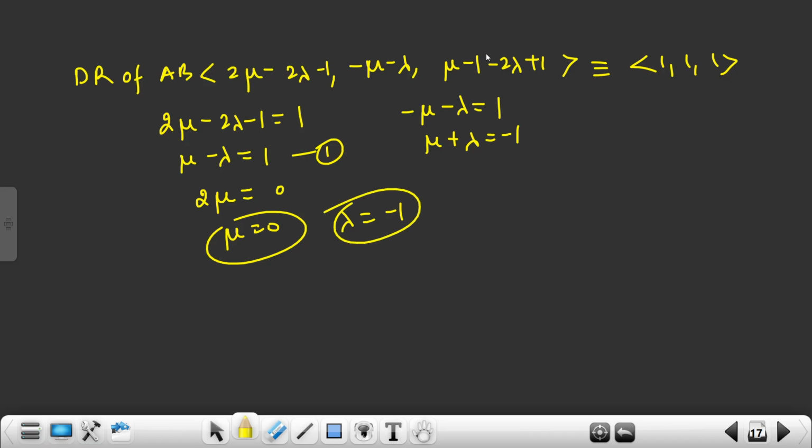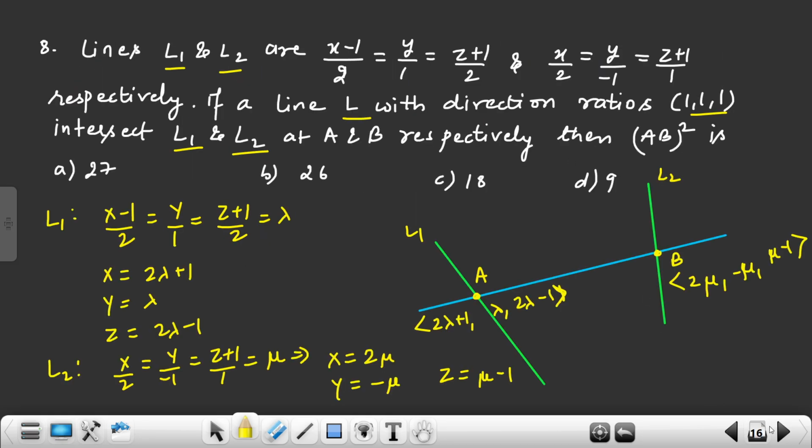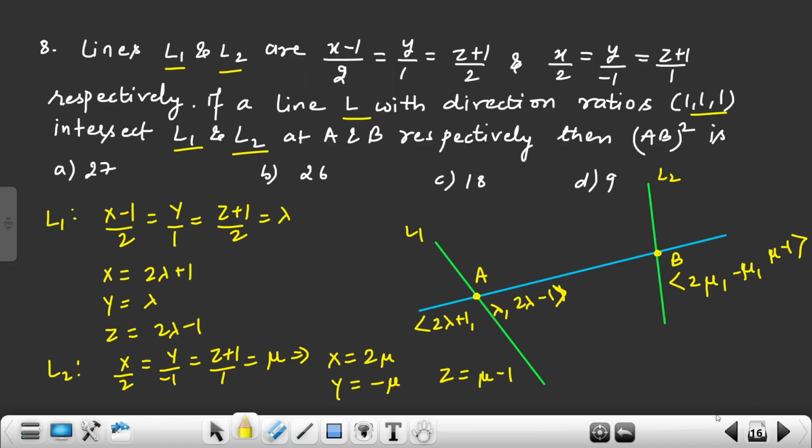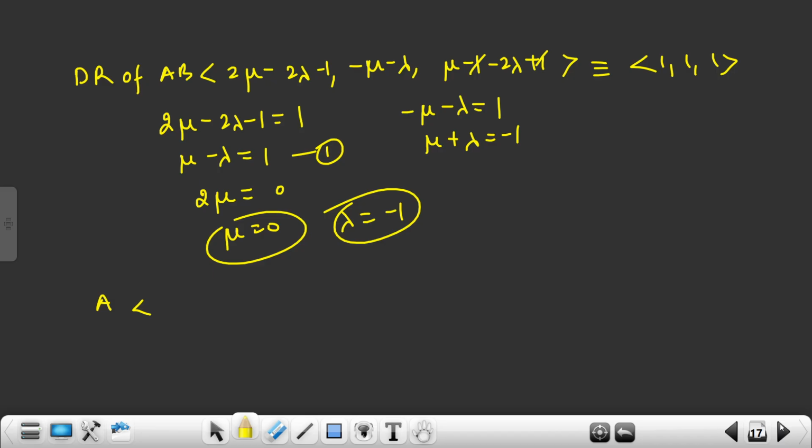Now let's satisfy this equation. Mu is 0, lambda value is minus 1. So this is 2 and this is 1. So what is the point A? Point A is 2 lambda plus 1, lambda value is minus 1.